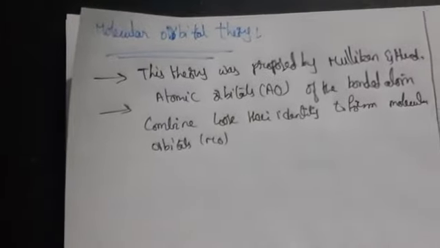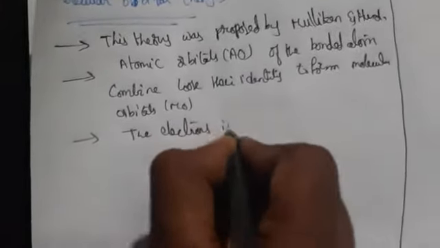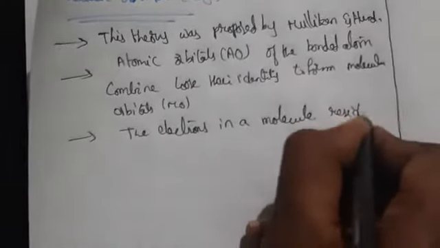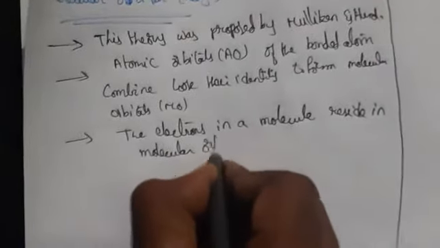So the electrons in a molecule reside in molecular orbitals. A molecular orbital is the region around the nuclei where we can find the electron with maximum probability, or the wave function of a molecule.